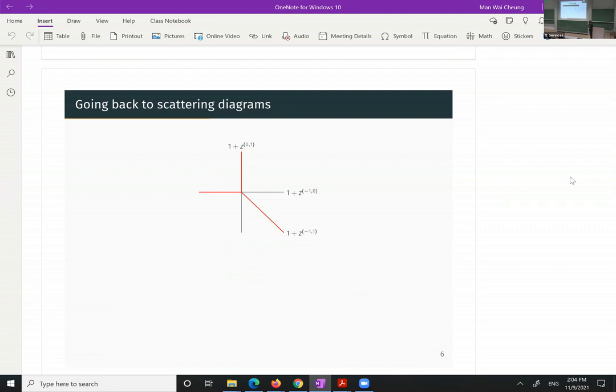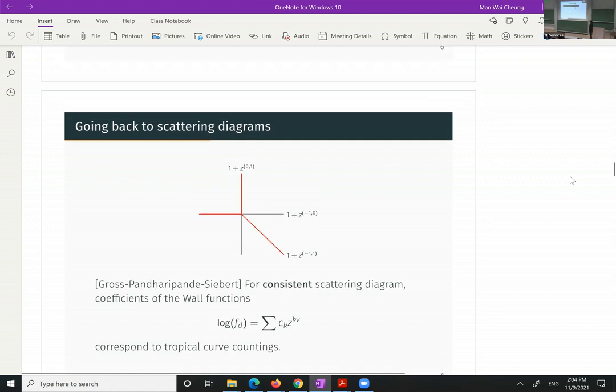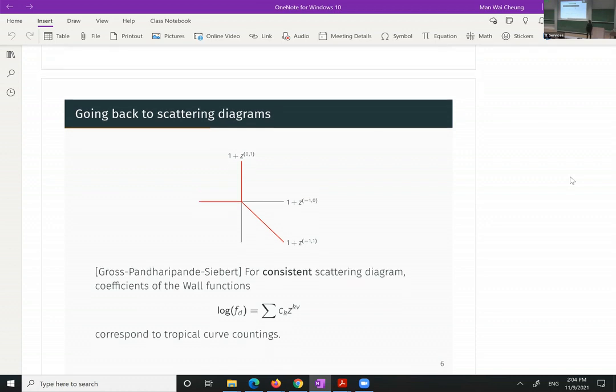This is actually what Max said in his talk, the Gross-Hacking-Keel paper, and we are going to talk about a few things from that paper. But the first thing is that this wall function, which we now see as a cluster mutation map, when we take the log, or just the wall function itself, has coefficients corresponding to tropical curve counting.